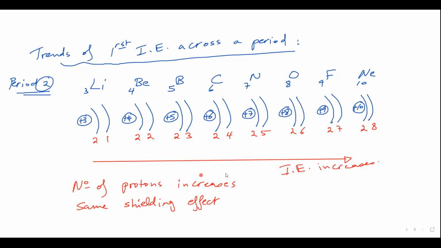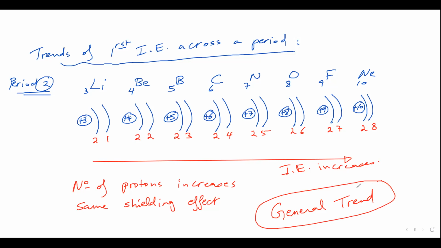Okay, this we call a general trend for the first ionization energies across a period. But inshallah, next time we will see that we have exceptions across a period. We have exceptions between group 2 and group 3, and between groups 5 and 6.